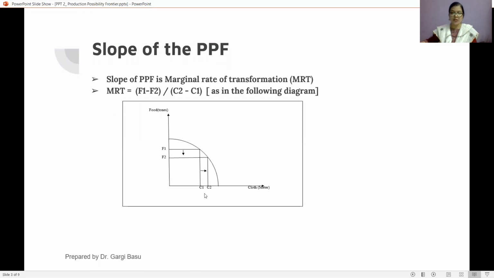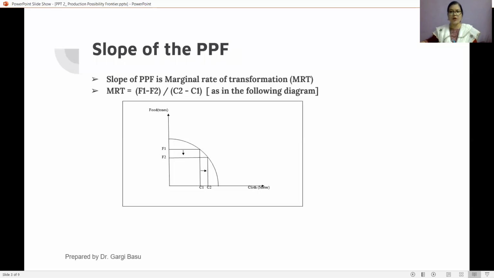amount of cloth, and now the country wants to increase its production of cloth, it will increase cloth production from C1 to C2. So to manage the resources, the country has to reduce its production of food to F2.